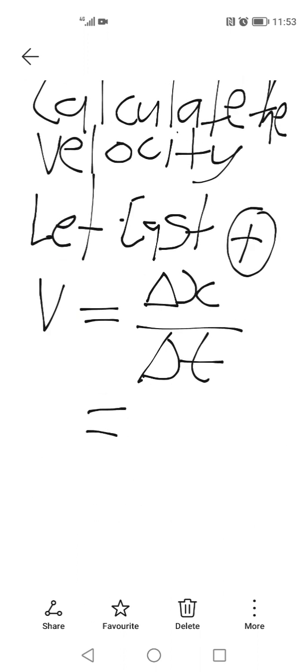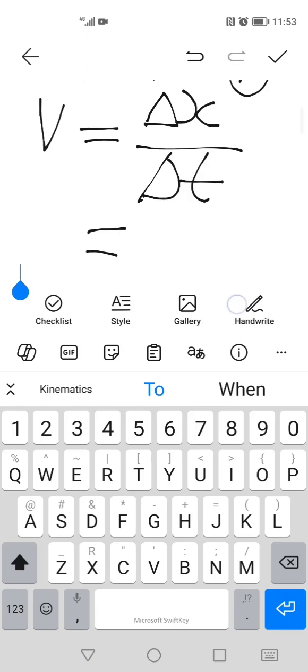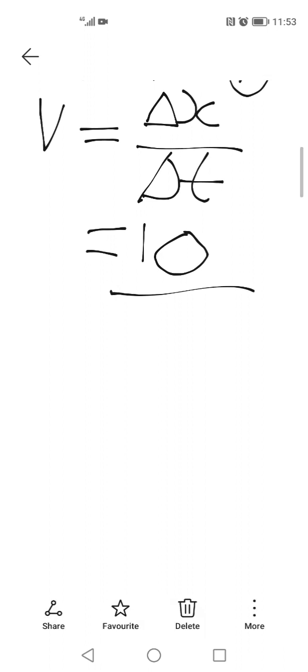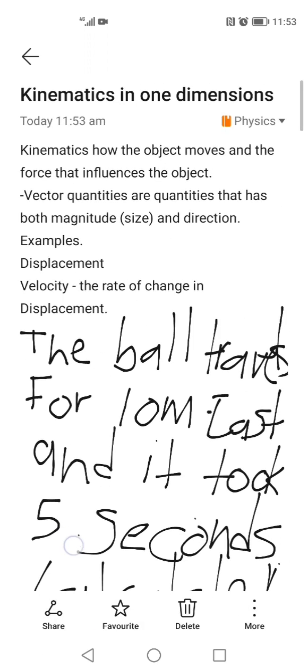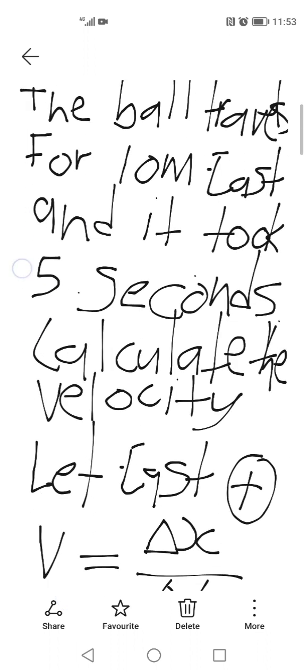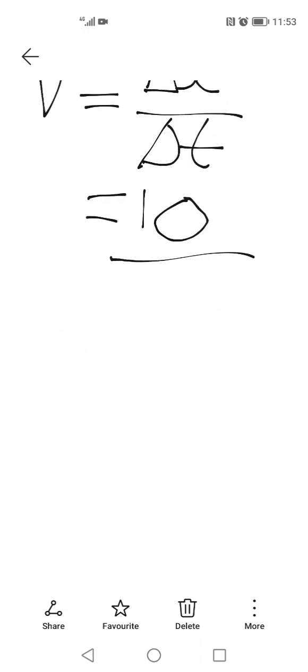So we substitute that in our formula: 10 over 5 seconds.